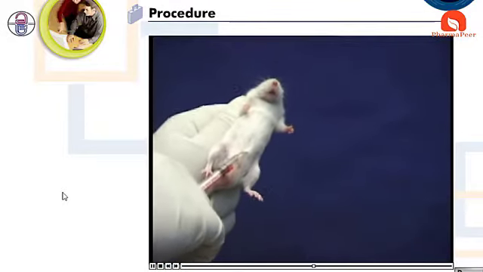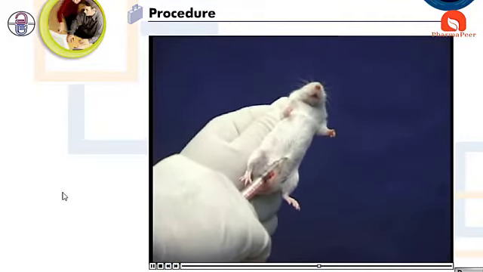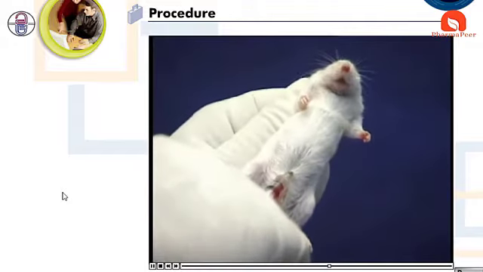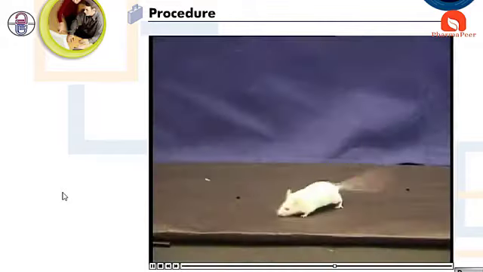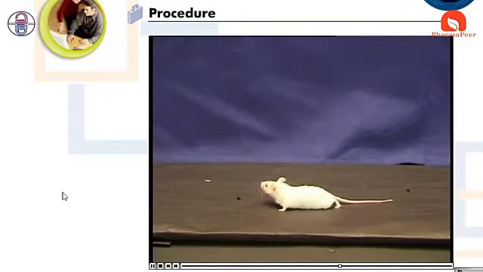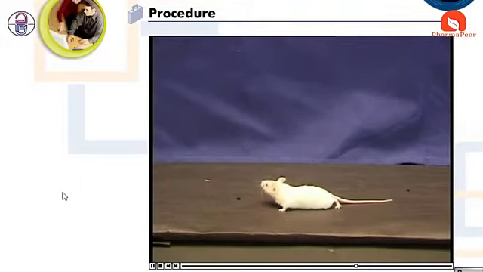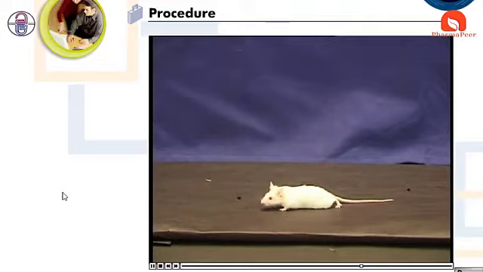Inject 0.2 ml of phenobarbital sodium solution intraperitoneally to a mouse. Observe the righting reflex at an interval of 15 minutes up to 1 hour. You can see the sedative action of phenobarbital, since the righting reflex is delayed in mice after administration of the drug.